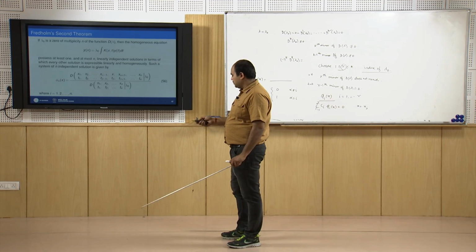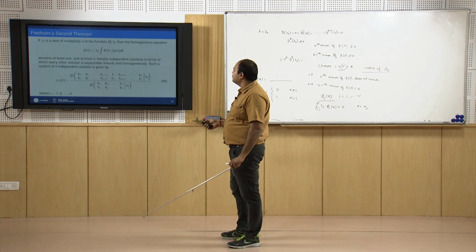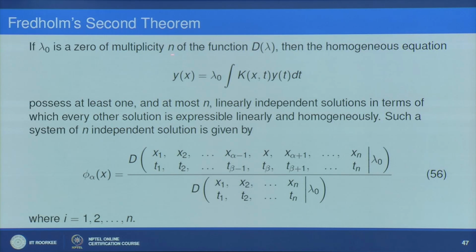Now we can summarize the discussion in the theorem which is known as Fredholm's second theorem. It says that if lambda naught is a zero of multiplicity n of the function D lambda, then the homogeneous equation y(x) equal to lambda naught integral K(x,t) y(t) dt possesses at least one and at most n linearly independent solutions, in terms of which every other solution is expressible linearly and homogeneously.